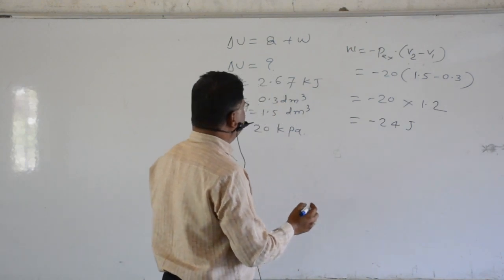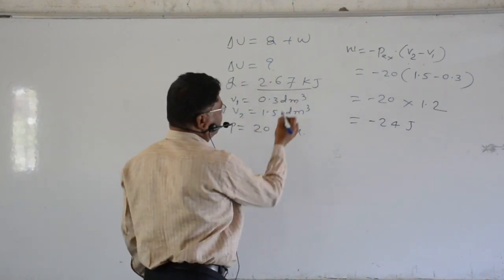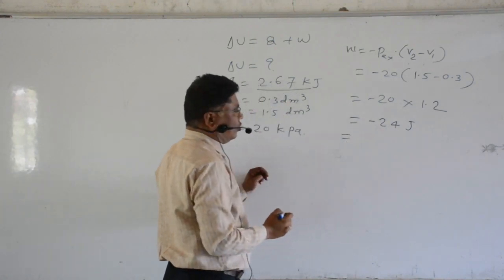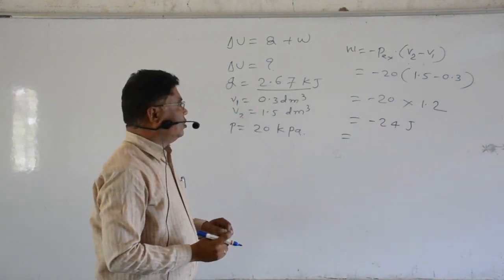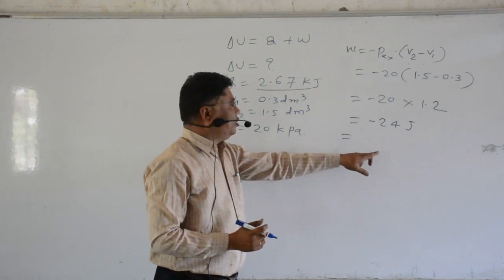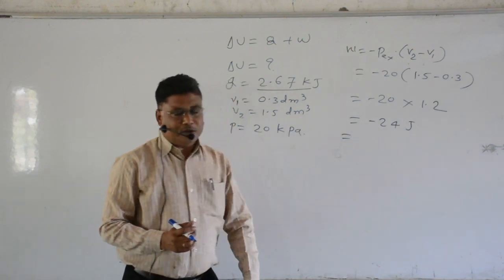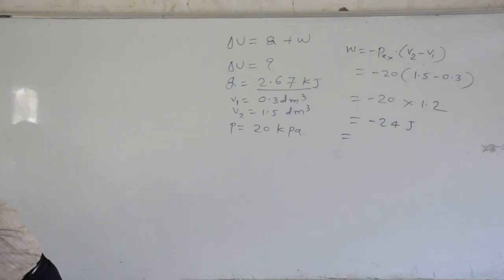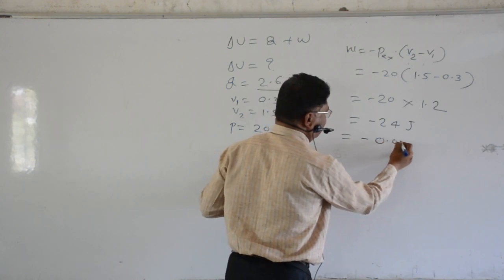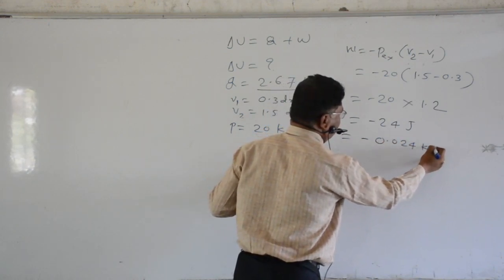Now here Q is given in kilojoule, so we convert W into kilojoule by dividing this quantity by 1000. It becomes minus 0.024 kilojoule.